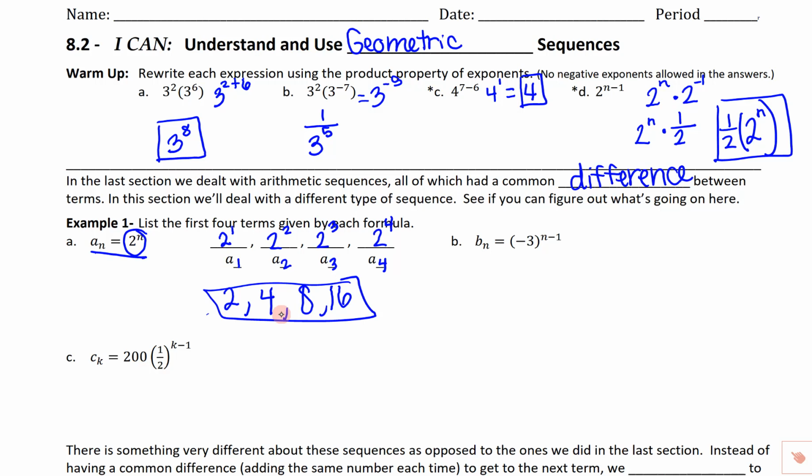Okay, let's do this again for the next 2. We're just going to plug in for the first 4 terms. So we're going to plug in 1 for the first term, 2 for the second term, and so on. So to get b sub 1, we are going to take this and plug in 1 to get the first term. 1 minus 1.